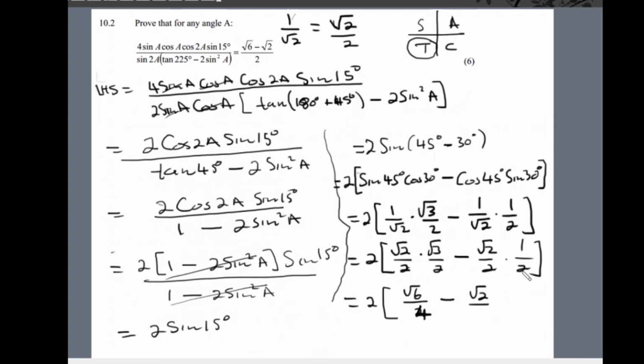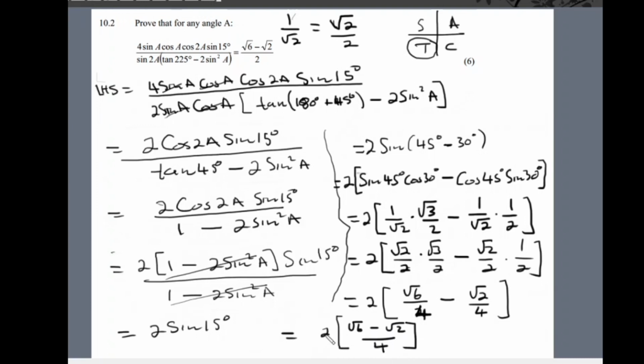Now in the numerator we will have the square root of 6 minus the square root of 2 divided by 4, right?